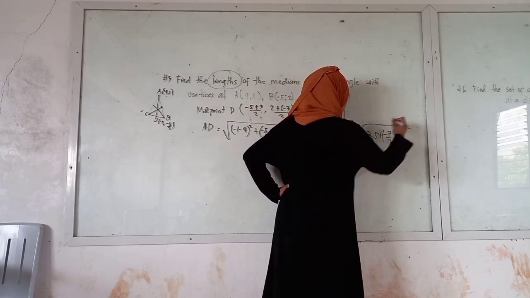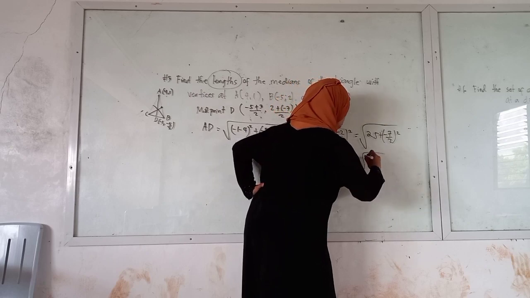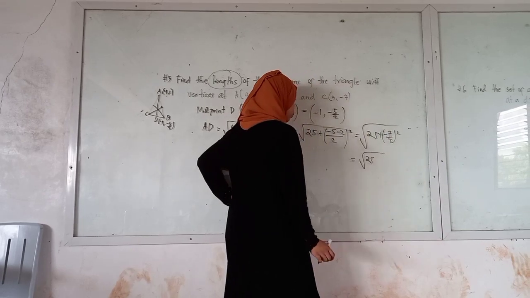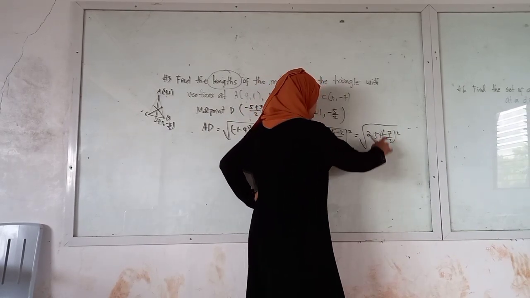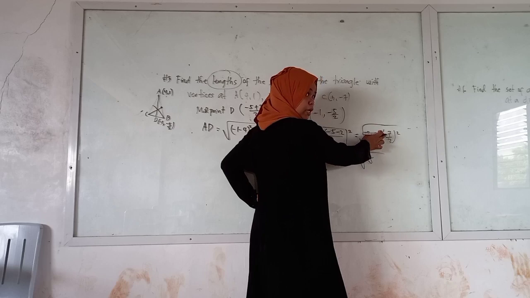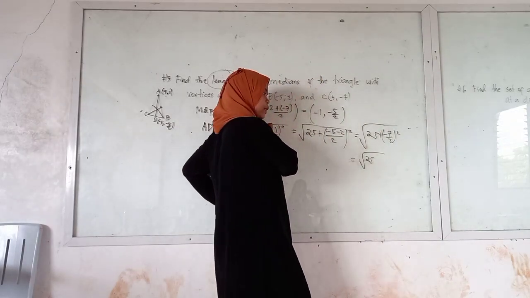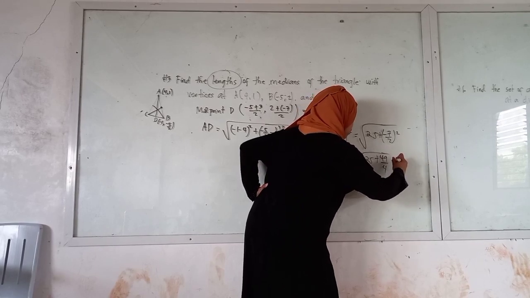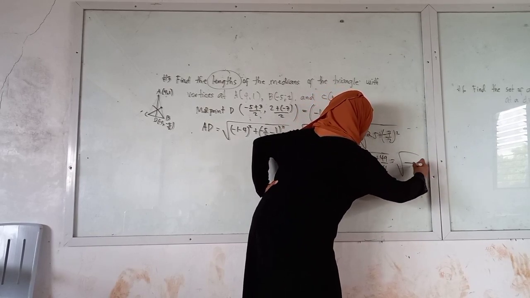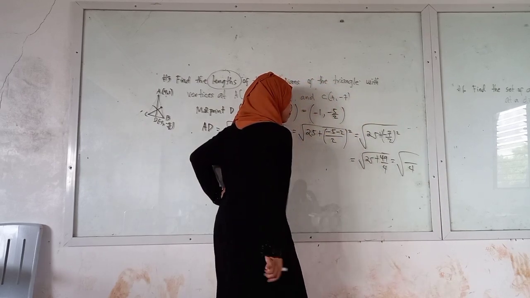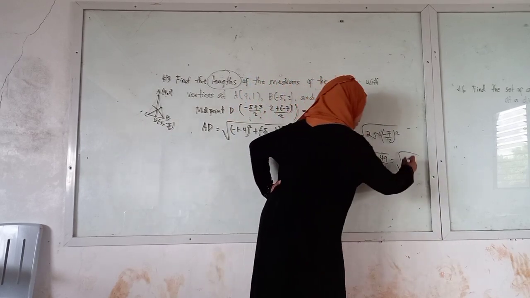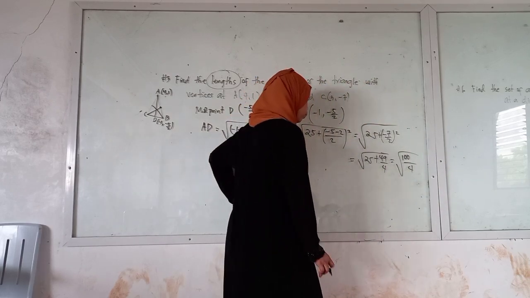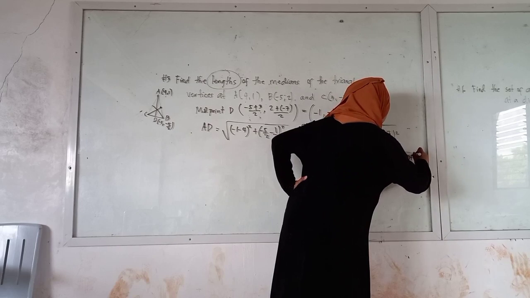So plus negative 7 over 2 quantity squared. So that is equivalent to 25. So in simplifying this one, we have to distribute the power 2 to numerator and denominator. So walang use kung pagiging negative yan kasi magiging positive rin naman. So plus 49 over 4. And then to simplify this one again, we have to consider the LCD 4. So 4 divided by 1 is 4 times 25, that is 100. 4 divided by 4 is 1 times 49, that is 49.